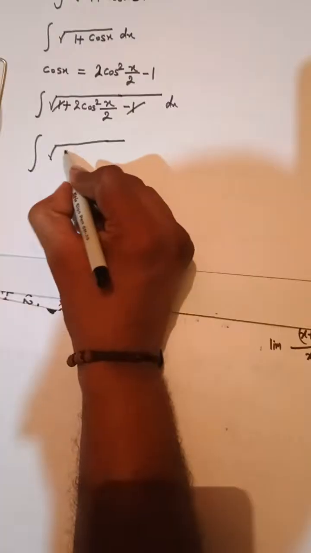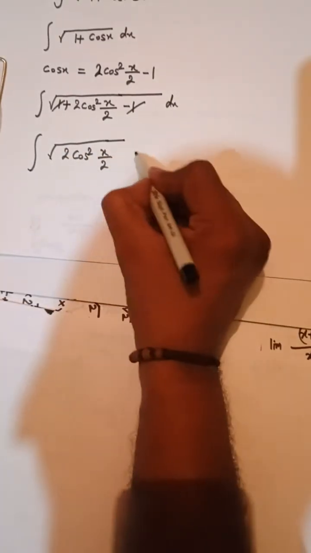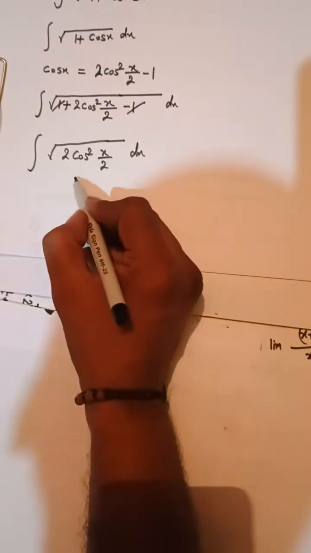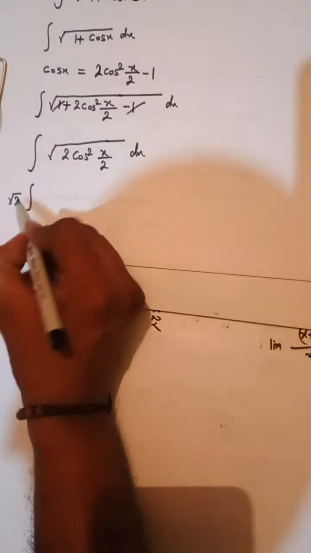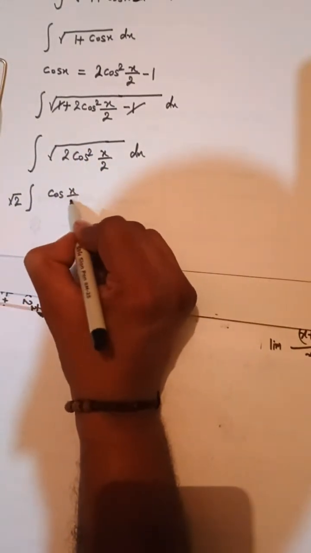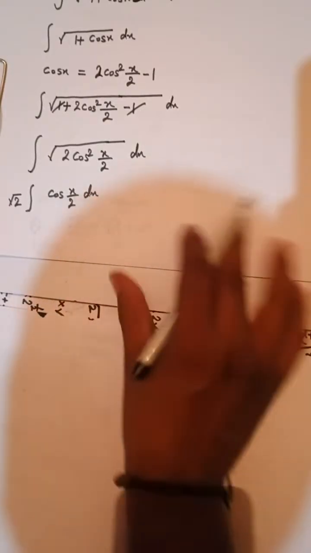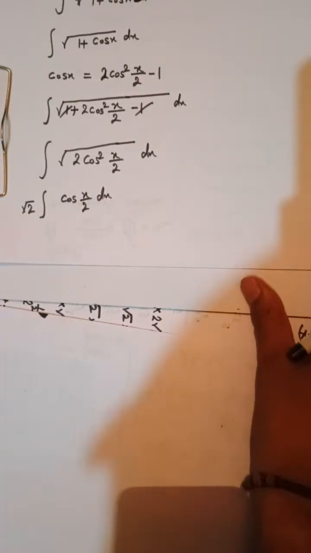This root will come outside, so I am putting root 2 outside, and this will be cos x by 2 dx. Now it's easy to get the integration.